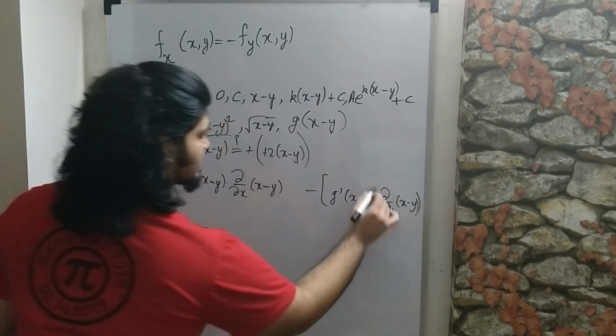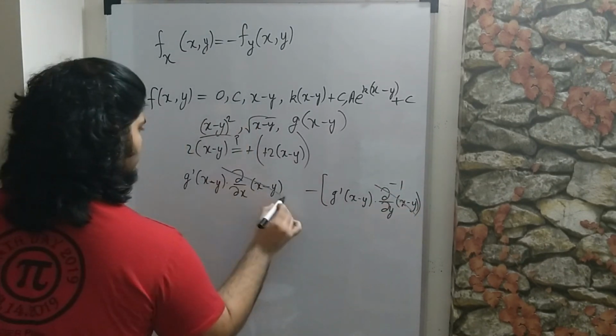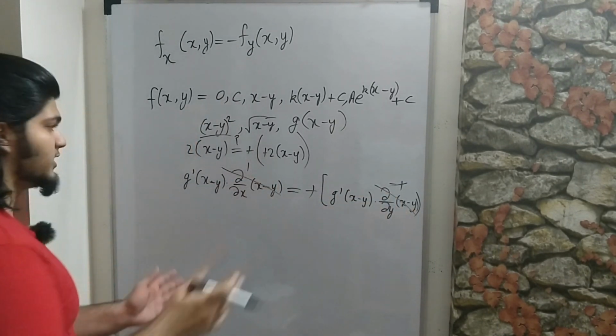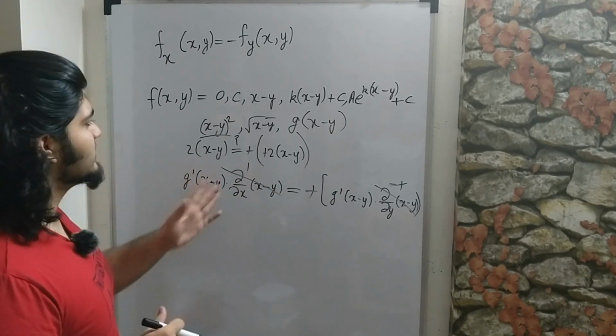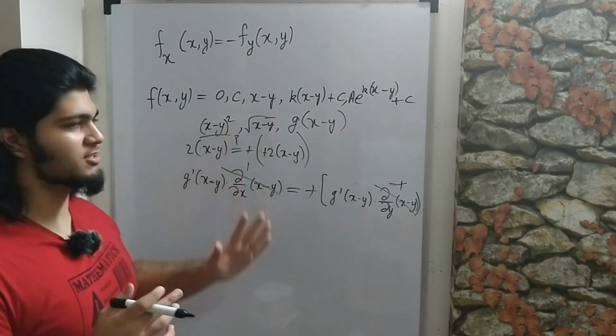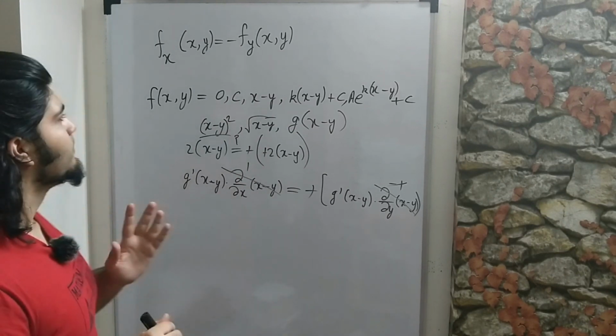And what is this? This is minus 1 and this is 1. So the negative and negative cancel out, and of course they're equal. As you can see, any generic function of x minus y will always work.